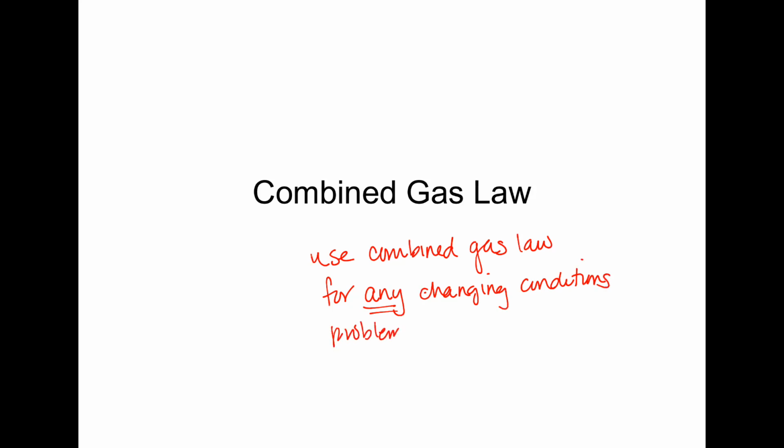We just keep the variables that we need, and we cancel out any variables that are not mentioned in the problem. Then we also talked about how we can use the combined gas law to do a changing conditions problem where we change the conditions to STP, which is standard temperature and pressure.